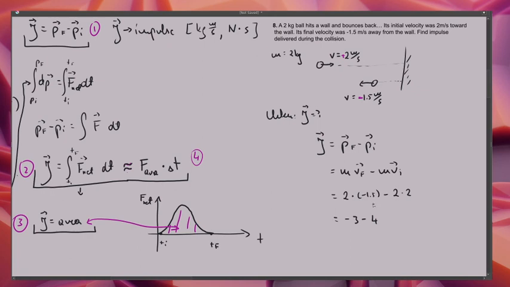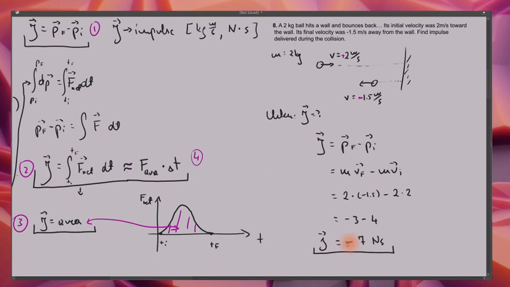Let's make sure we didn't make an error here. Yeah, so this gives us minus 7. Minus is important. Let's just keep newton seconds. So J is, that's an ugly J, but anyways, there's your J.